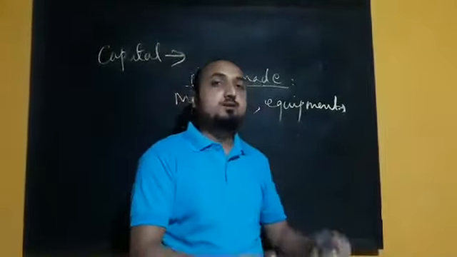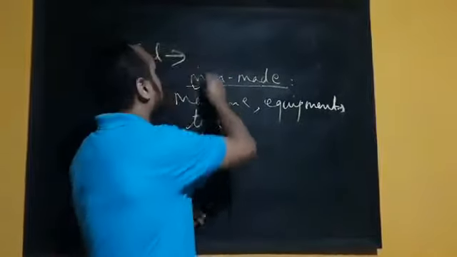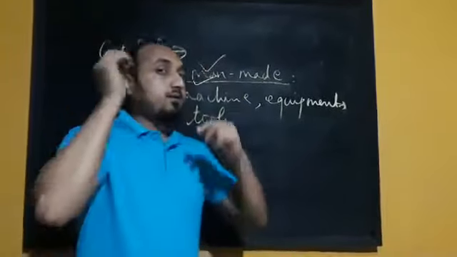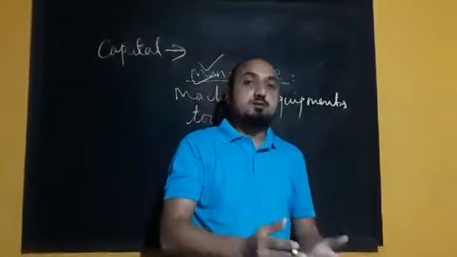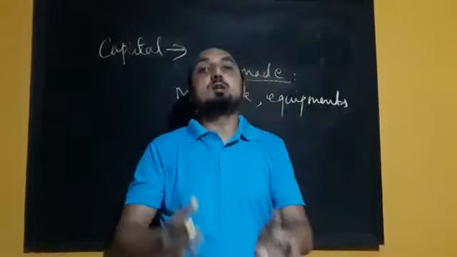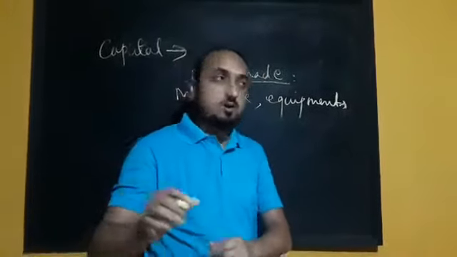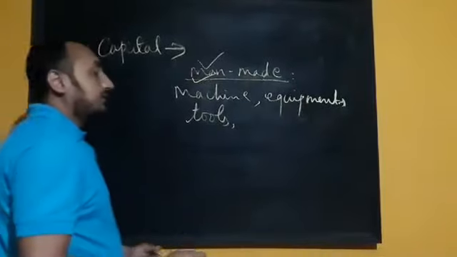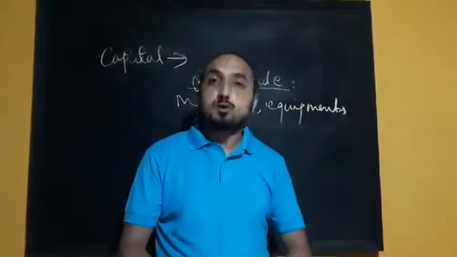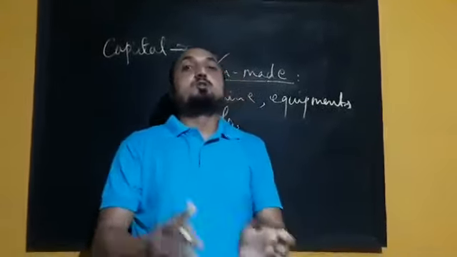So here the machinery, equipment or different types of tools are made by man, and they are further being used in the production process. So we can say that capital is a produced means of production that can be further used in the production process.